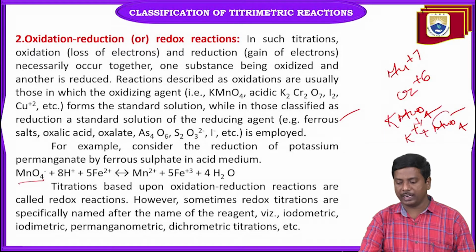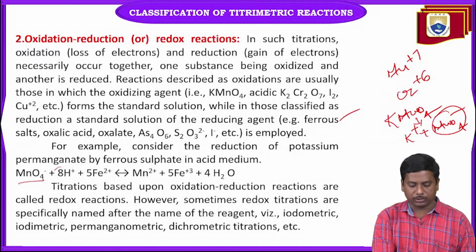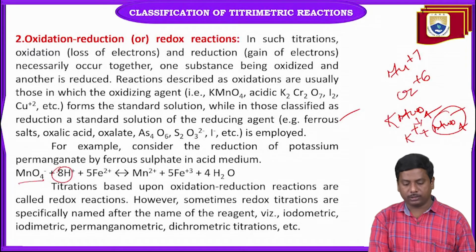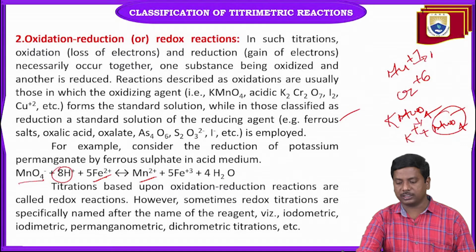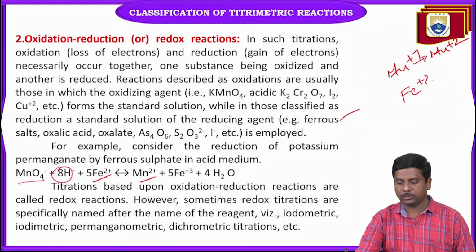This permanganate ion reacts with the acidic medium, that means 8 moles of H plus ions, with 5 moles of the ferrous ions to give manganese plus 2. That means manganese plus 7 changes to manganese plus 2, and iron plus 2 changes to iron plus 3.